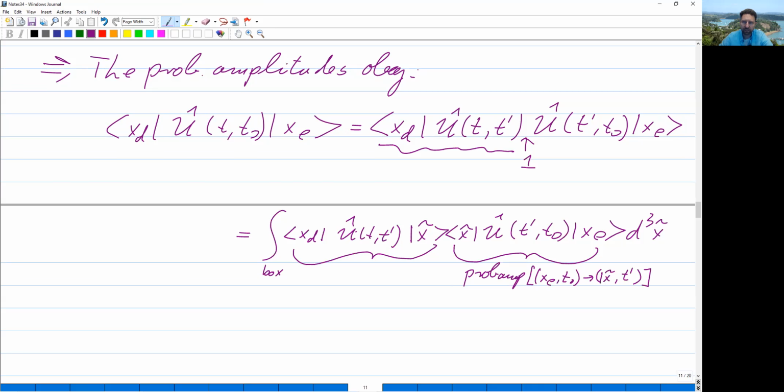Actually, I can put the state vector in here. And similarly, this is a probability amplitude, not the probability, because it's not modulus squared, probability amplitude for the particle to travel from x tilde at time t prime to xd at time t.